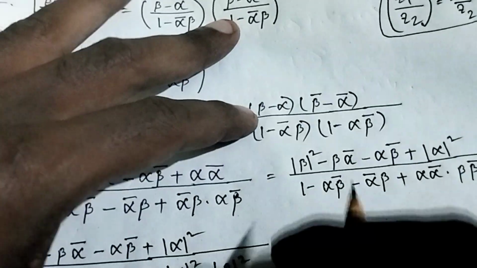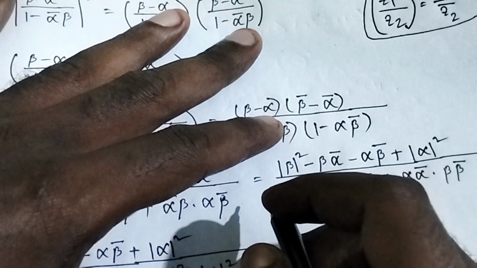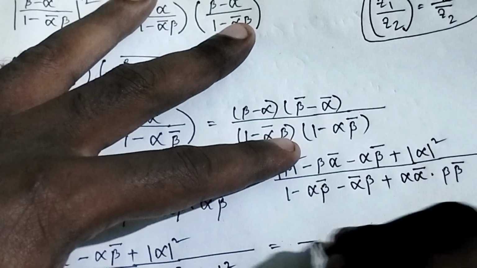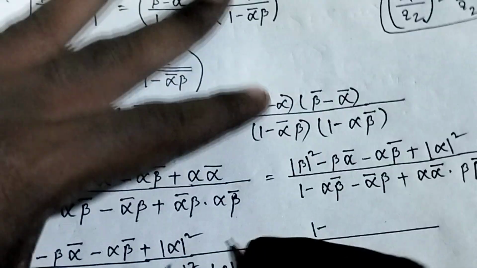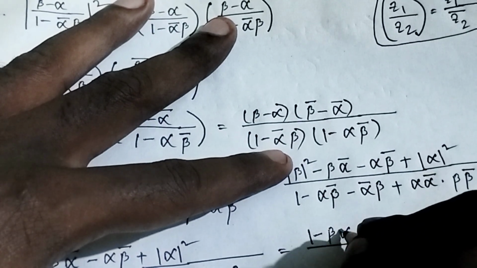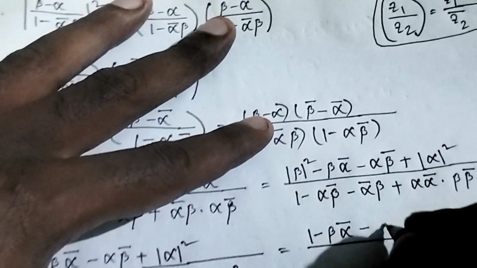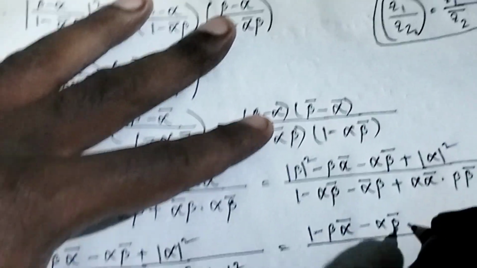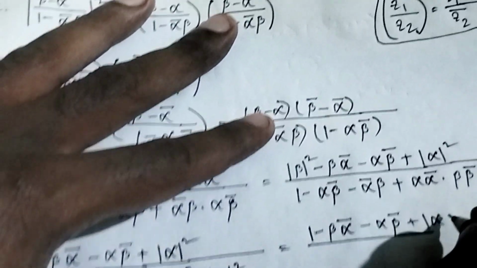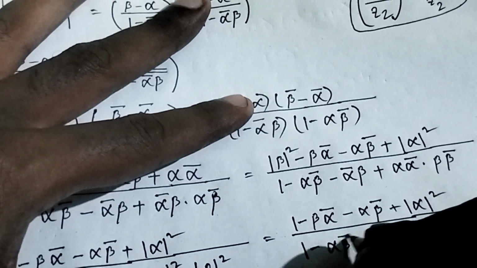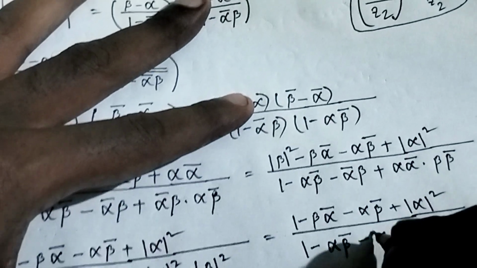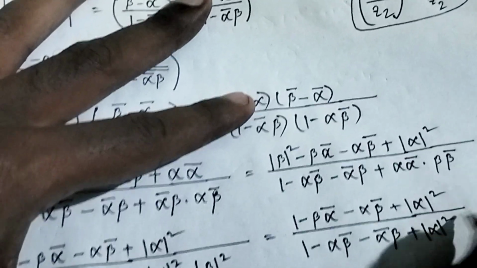So now it is 1 minus beta alpha conjugate minus alpha beta conjugate plus mod of alpha square, over 1 minus alpha beta conjugate minus alpha conjugate beta plus mod of alpha square.